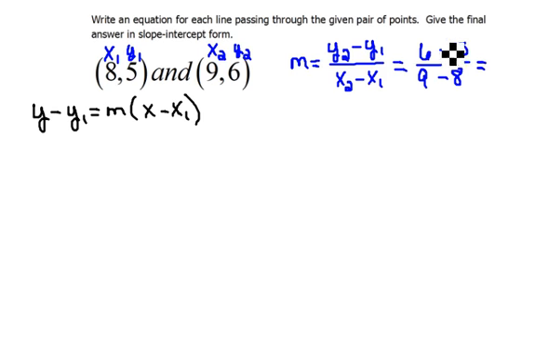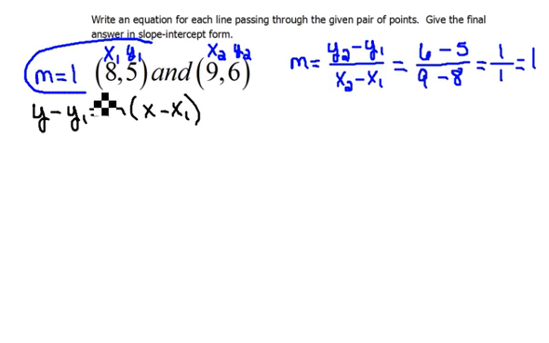So now let's simplify that. 6 minus 5 would be 1, 9 minus 8 would be 1, and 1 over 1 is 1. So now we know that we have a slope of 1, and our point we've already labeled, and maybe I'll write that up here. Our slope is 1, and we've already labeled our x1, y1 as being this 8, 5.